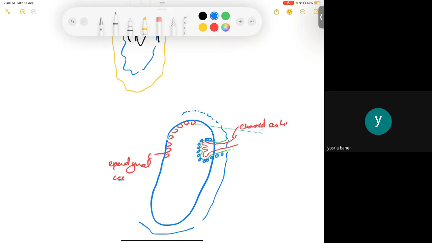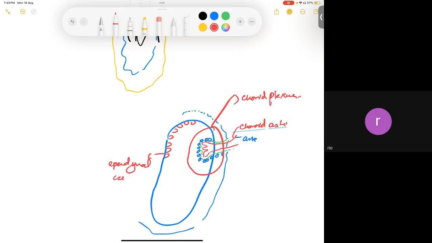So we have three layers: arteries entering into the ventricles, upon the artery the pia mater, and upon the pia mater the ependymal cells. Collectively, this structure is called the choroid plexus.